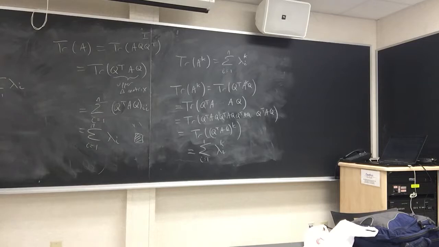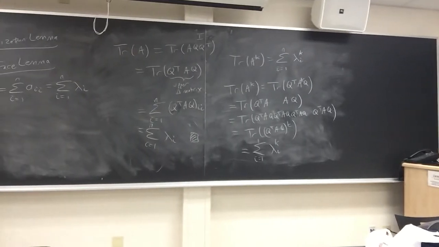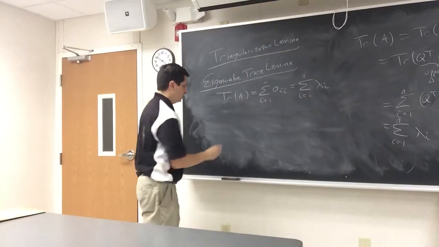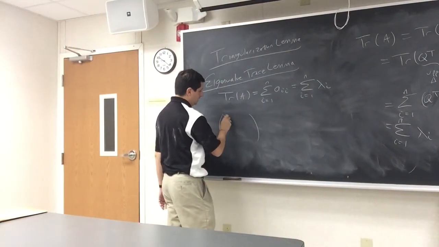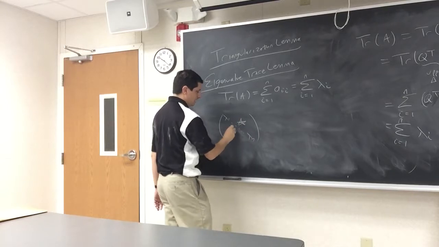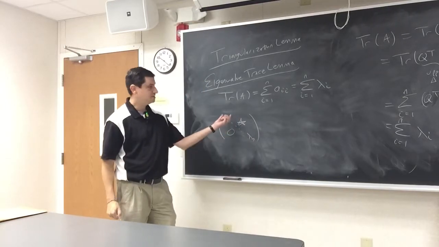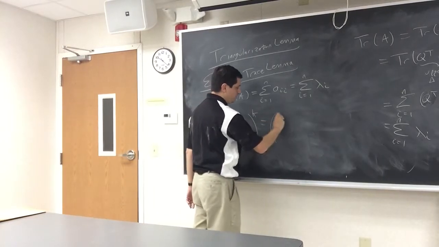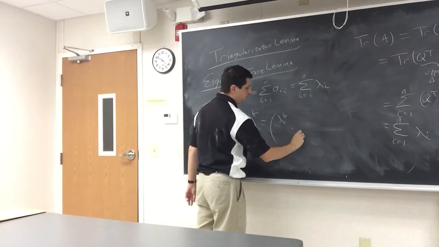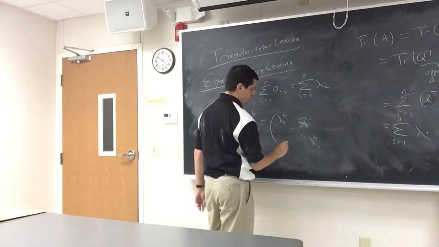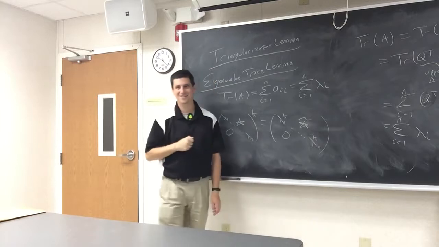And the reason for that is, if I have a matrix with lambda 1 through lambda n on the diagonal, gobbledygook above, and 0 below, if I raise it to the kth power, it's going to become lambda 1 to the k through lambda n to the k on the diagonal, new gobbledygook, and 0 down there.